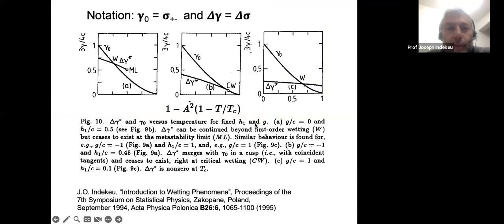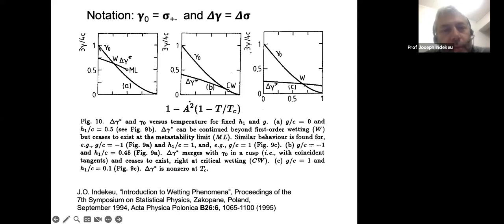So, for example, here are three graphs, three calculations. And remember that in the homework I'm suggesting that you calculate this delta sigma star, and delta sigma star we are going to call delta gamma star in these figures, and that you also, but you have already calculated sigma plus minus, we will call sigma plus minus gamma 0 in these figures.